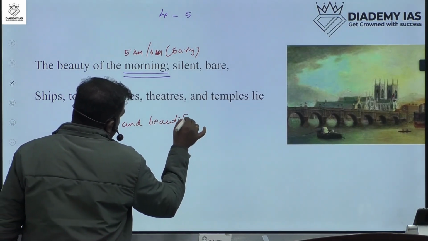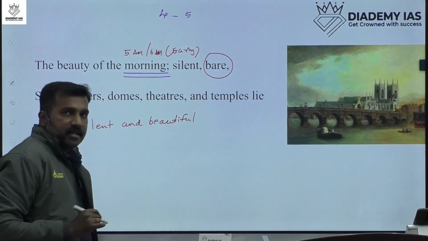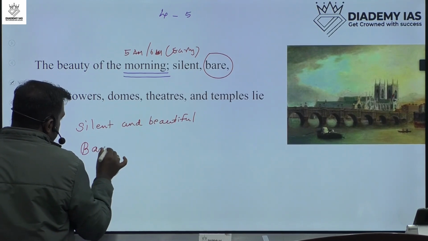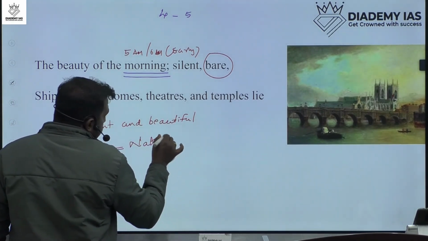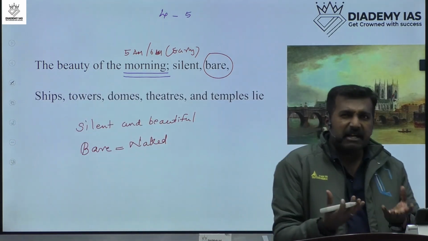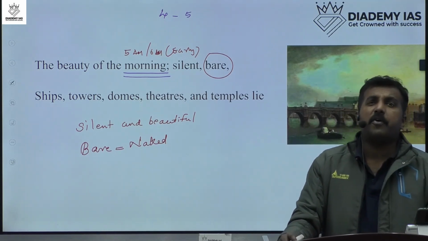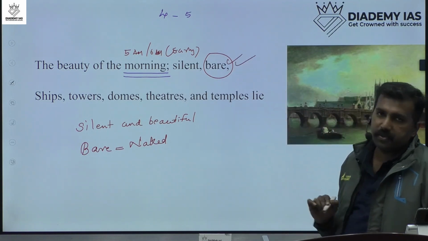And the next word the poet says is bare. Here, bare means naked. So here naked means the pure beauty, the naked beauty of the city, the naked beauty of London. Okay, so that is why the word bare is used.